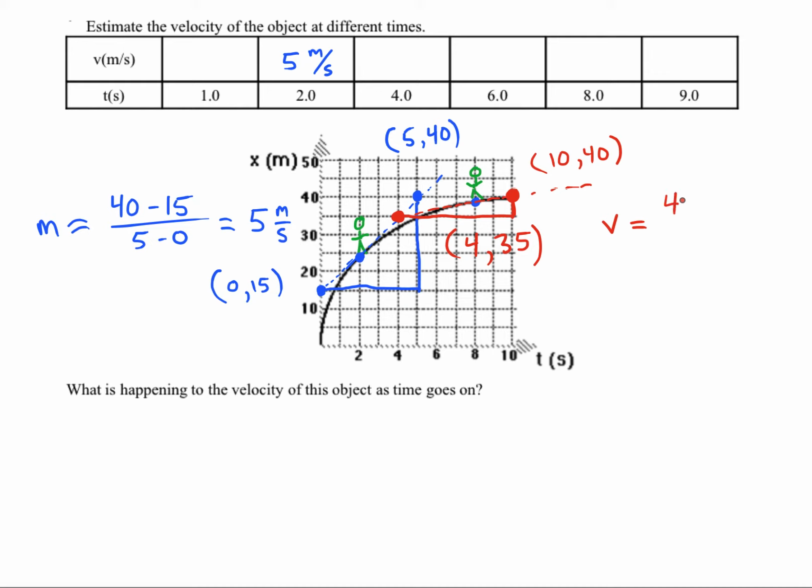So the velocity will be (40 minus 35) over (10 minus 4). And that's going to be 5 over 6. So it's approximately 0.8 meters per second.